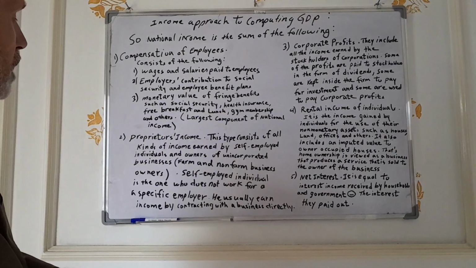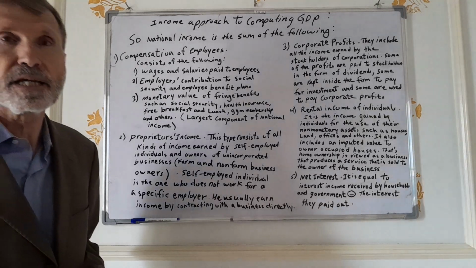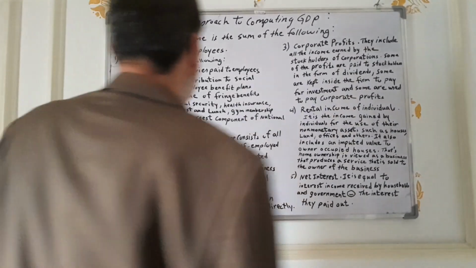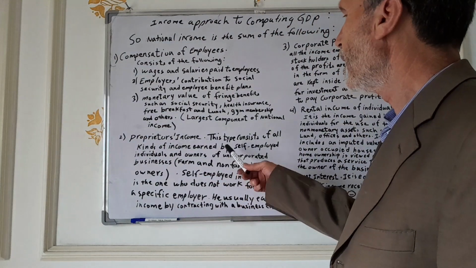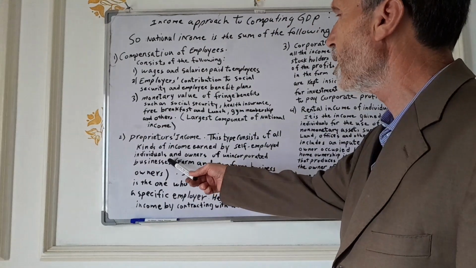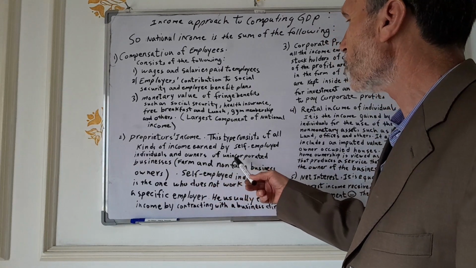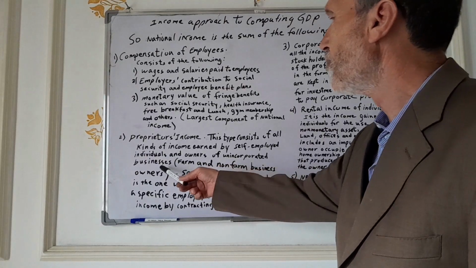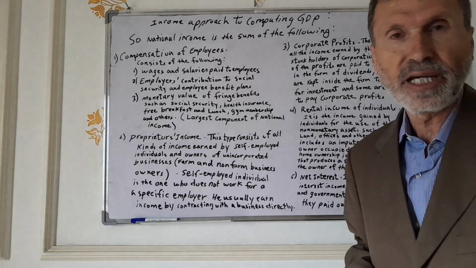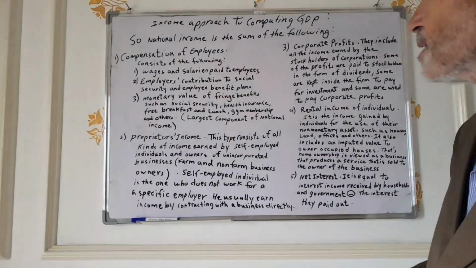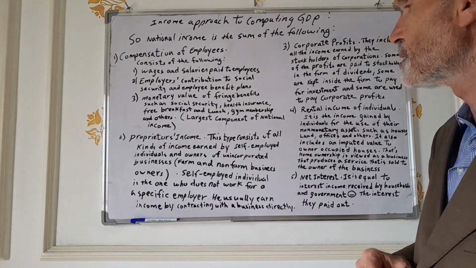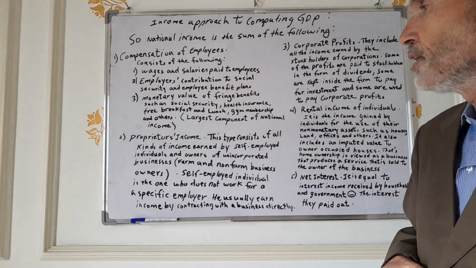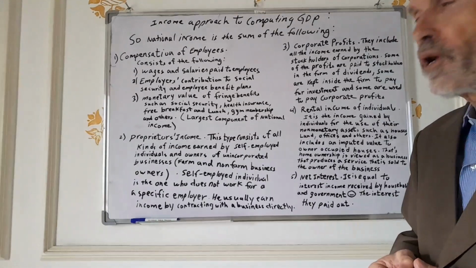Now we move to proprietor's income. What actually do we mean when we say proprietor's income? Proprietor's income consists of all kinds of income earned by self-employed individuals and owners of unincorporated businesses. When I say self-employed individuals, of course, we mean somebody who is not working for a specific employer.